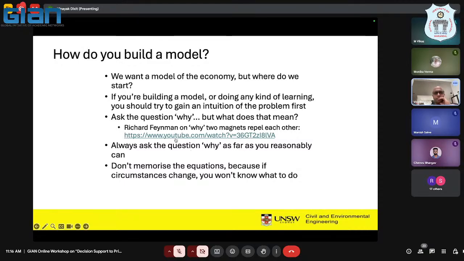There's a very interesting video by Richard Feynman on why two magnets repel each other. If you're building a model or doing any kind of learning, you should try to gain an intuition of the problem first, and you can ask the question why. You can ask the question why, but you can only go so far to reasonably answer it.